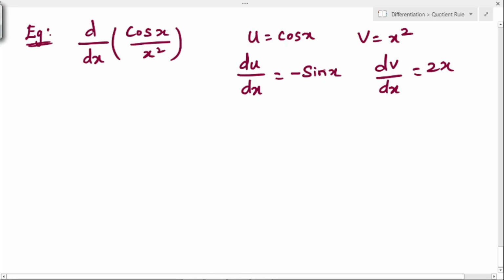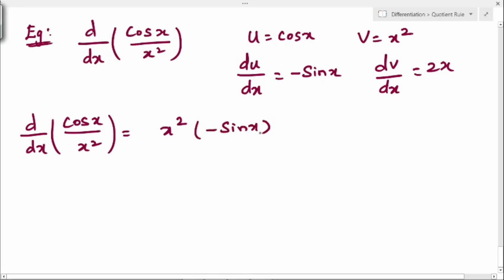So now substitute all the values in the quotient rule formula, that is d by dx of cos x divided by x² equal to, so what is the first term? v into du by dx. So v is x² into du by dx is minus sin x, minus u, that is cos x, into dv by dx, that is 2x, the whole divided by v². v is here x², so v² is (x²) the whole square.